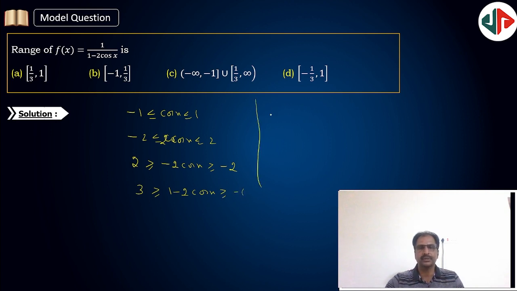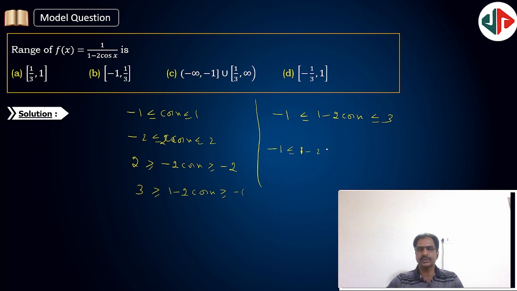Which means minus 1 less than or equal to 1 minus 2 cos x less than or equal to 3. Now if you take the reciprocal directly and write 1 by minus 1 to 1 by 3, option B, which is wrong. Listen here. Here 1 minus 2 cos x lies between minus 1 and 3. In that minus 1 to 3 we have negative values as well as positive values. So first you have to split this like this.